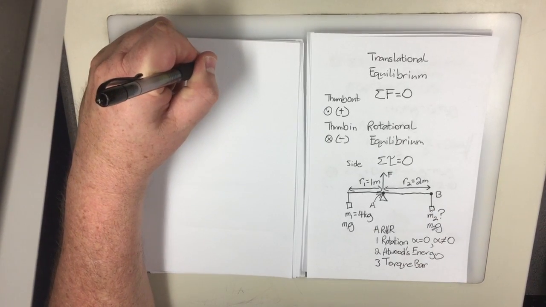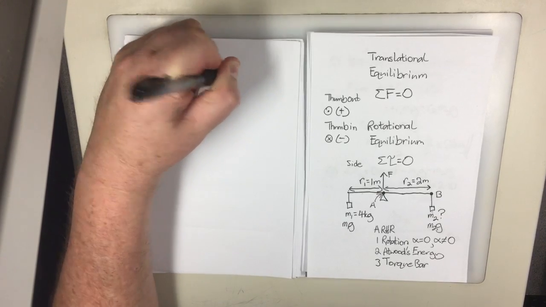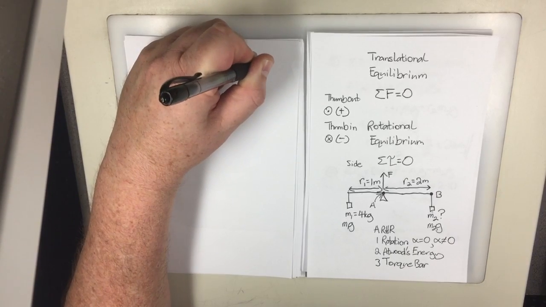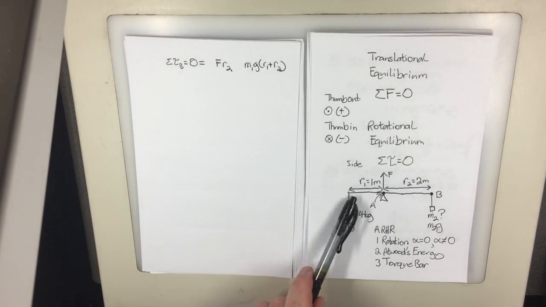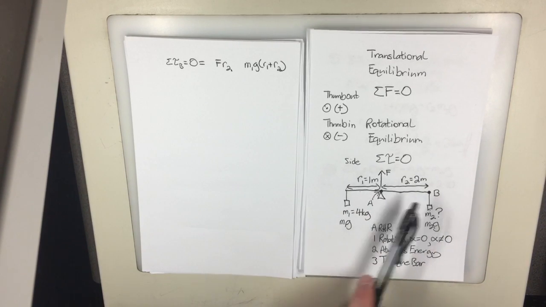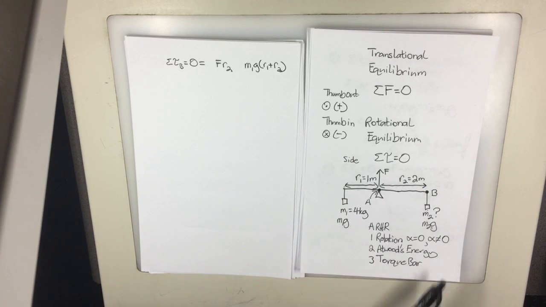So my 2 torques are F R2, and M1 G (R1 plus R2), because that's the distance from the pivot point to the force. F is distance R2.